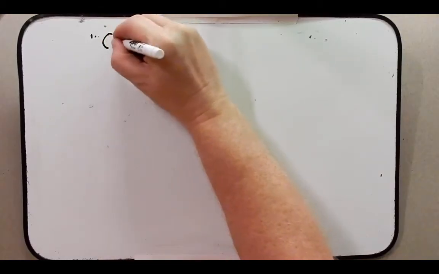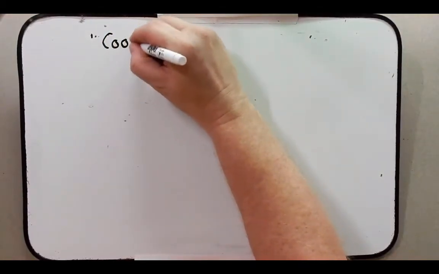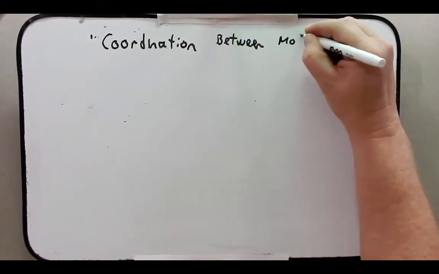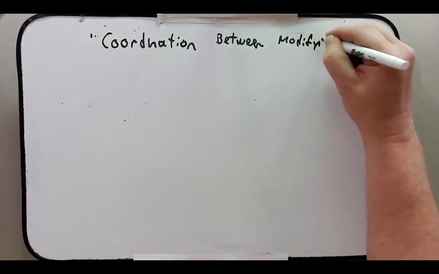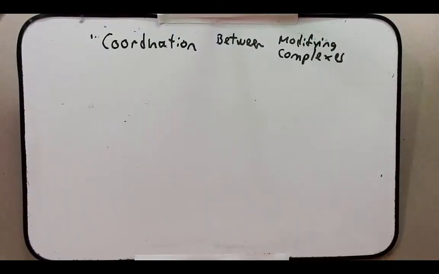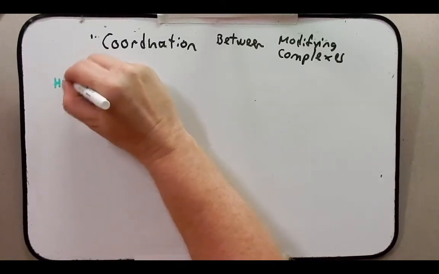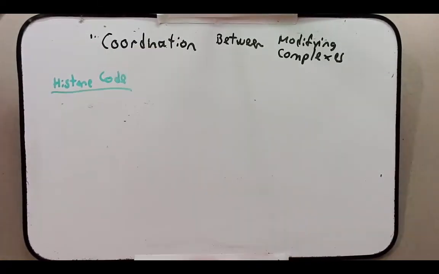The last big topic that I want to talk about is this coordination between modifying complexes. If you remember earlier on in the semester, we talked about this histone code, meaning that there should be some way to read the histones, how they were modified, in what manner they were modified, how heavily they were modified, and be able to make a prediction about the degree of expression from that area of the chromatin.